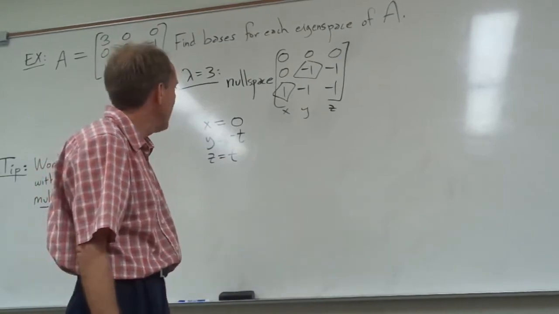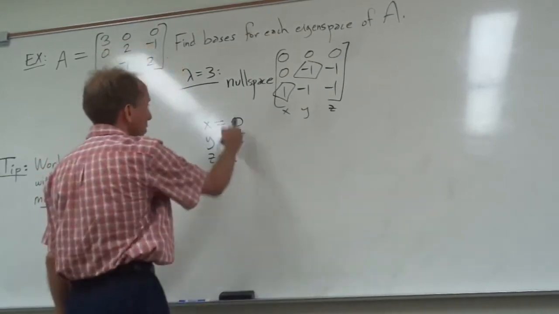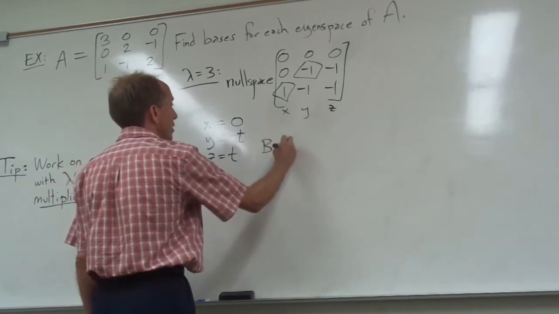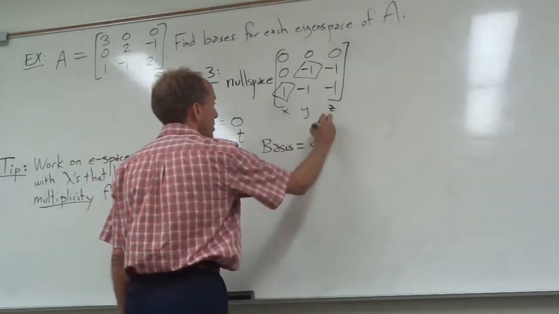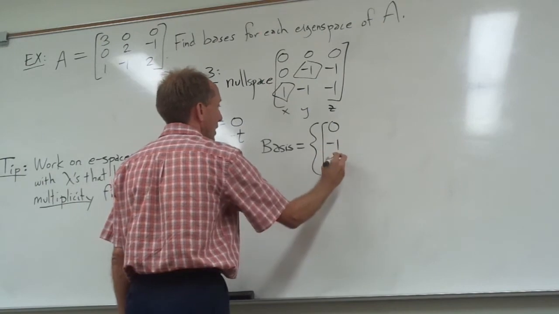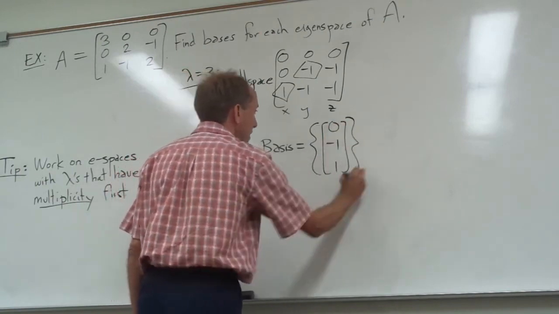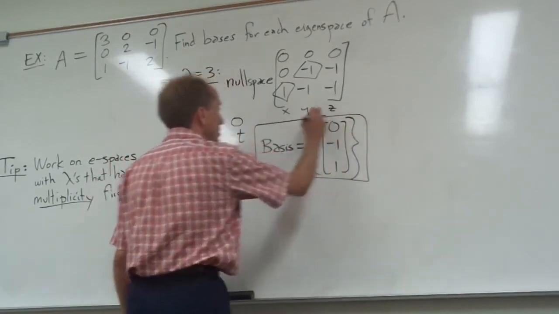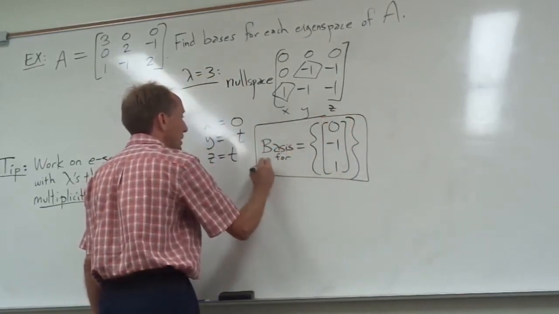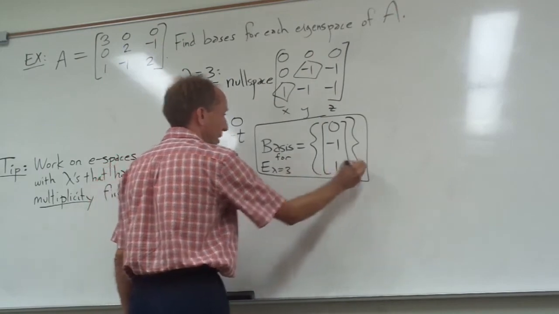So there you go. Your basis for this eigenspace is just literally x is 0, y is negative 1, and z is 1. You just bust out the t, as usual. So this is the basis for E sub lambda equals 3.